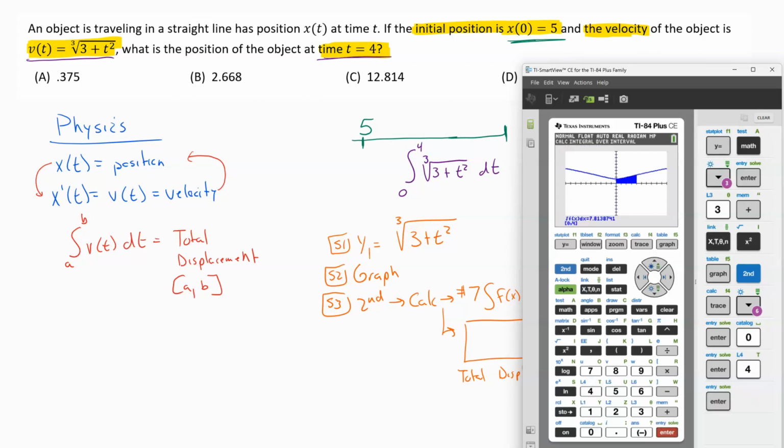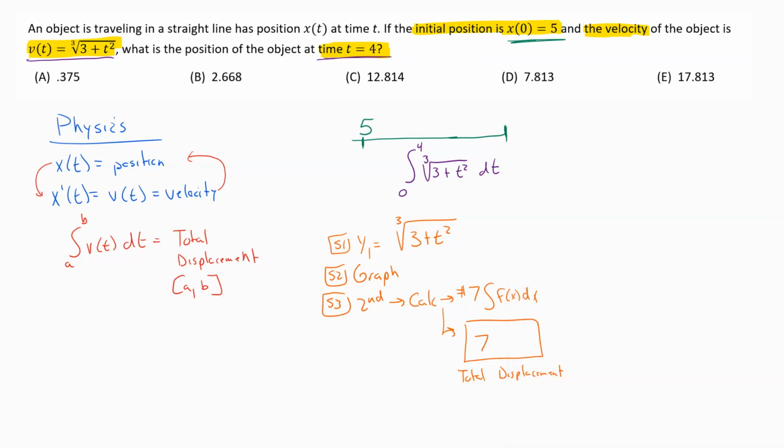It shades it all in, but the more important part is at the bottom of the screen, where you can see it says the integral of f of x dx equals 7.8138. On an AP Calc test, we always want to round to 3 decimals, so 7.814. So our total displacement over that 4 time unit interval is 7.814.